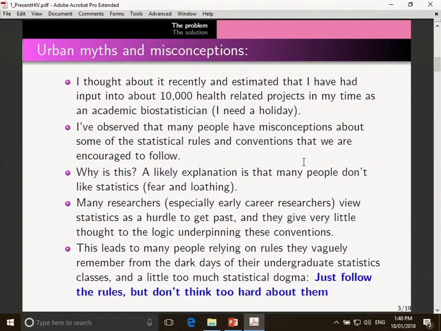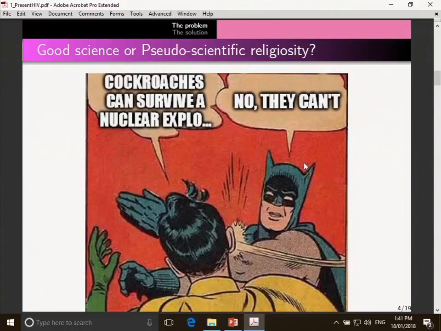And what it leads to, and I do see it a lot, I would probably guess around 75% to 80% of people that consult me, I see this attitude. Just follow the rules, don't think too hard about it. Okay, so we have these conventions, we don't know where they come from, and we believe them, okay? And I guess what this leads to is a little bit of pseudo-scientific religiosity.